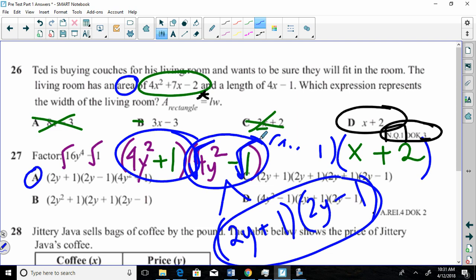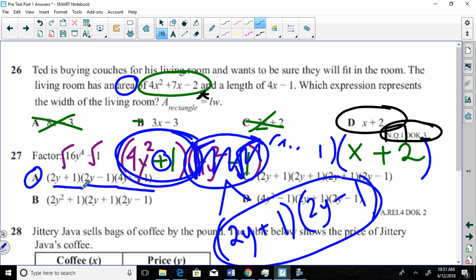And so I ended up taking this, and this isn't going to be my answer anymore, and I simplified that to be 2y plus 1, 2y minus 1. And then this one can't be simplified because it's not a difference. So that's your answer. This says 4y squared plus 1. We have a 2y minus 1 and a 2y plus 1. Remember, they don't have to be in a particular order because they're all being multiplied.